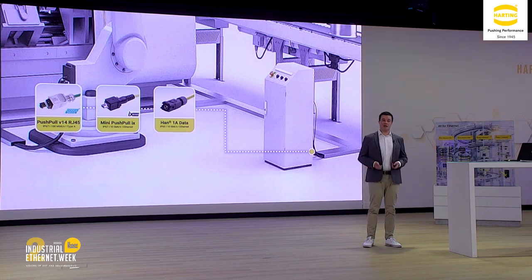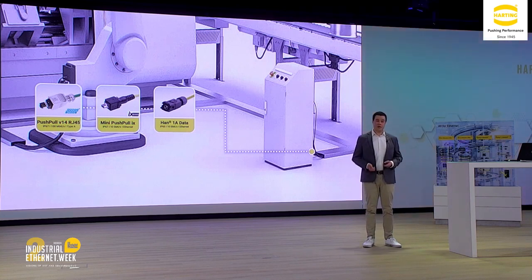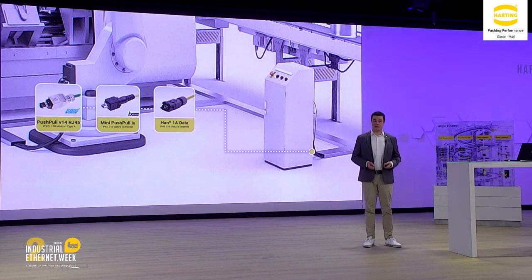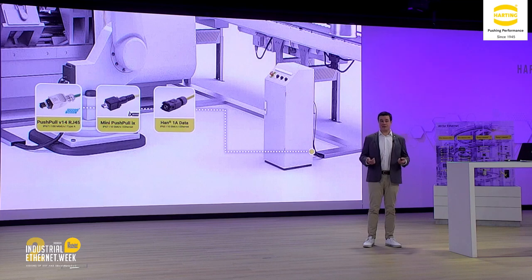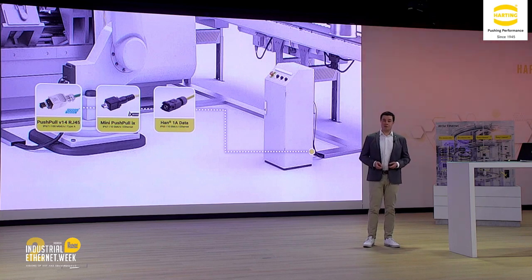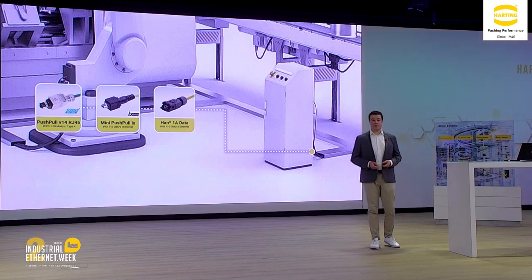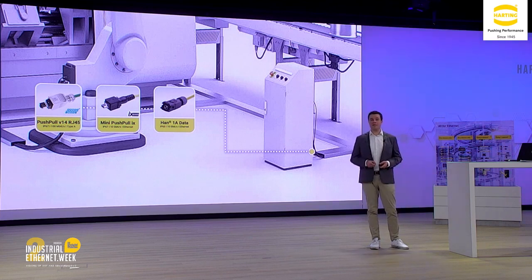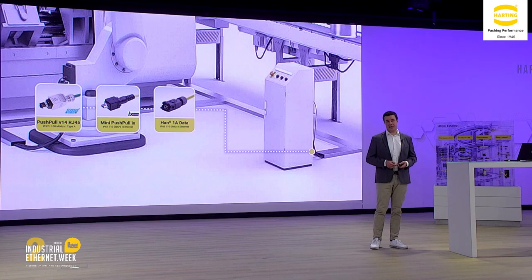If we are thinking a little bit outside of the box, for example, you can use the HARTING Han 1A with the data module, but for sure you can also choose the well-known mating faces like the RJ45 or the iX, which was presented before, in a protected housing. So this means it's the push-pull variant 14, well-known from the automotive industry, or for example here, the mini push-pull, where in our well-known push-pull variant 4 housing, the same design and housing is used only in a smaller design, also for the iX Industrial.